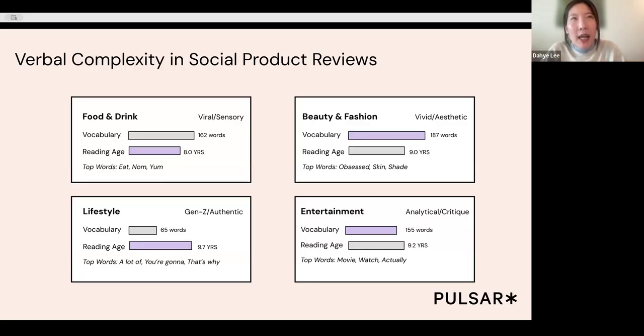It reads more like a voice note to friends, casual and natural, not a formal script. And entertainment stands out as the only sector where creators read into analytical tones and manner, showing some content benefits from being more structured or evidence driven.